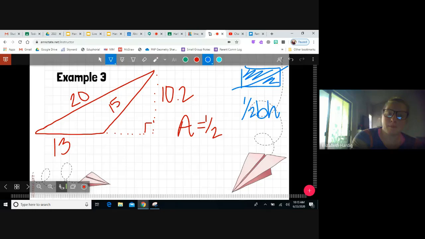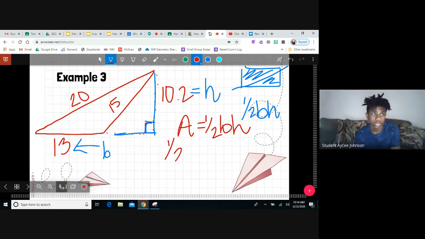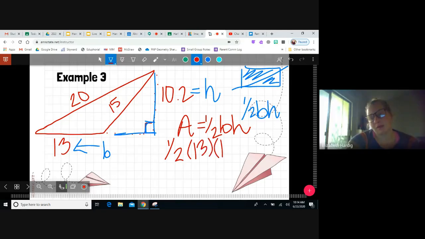I'm going to say that our base is 13, which means our height, which is what forms that right angle right here, is going to be the 10.2. Yes. So I can substitute that into my formula, which is 1/2 the base times the height. Half of 13 multiplied by 10.2, which is my height.